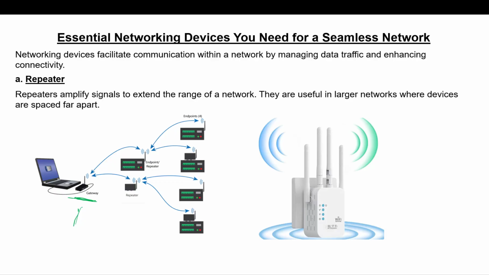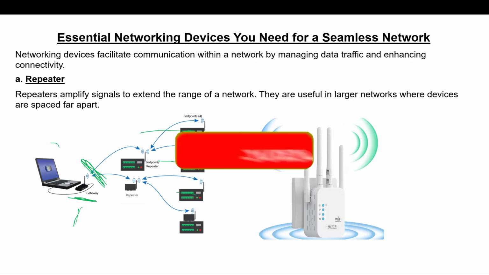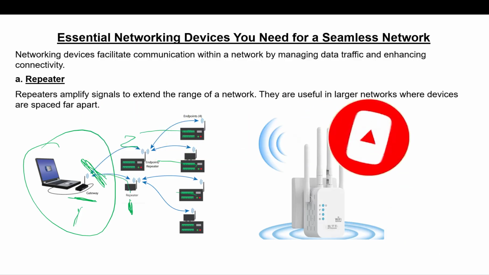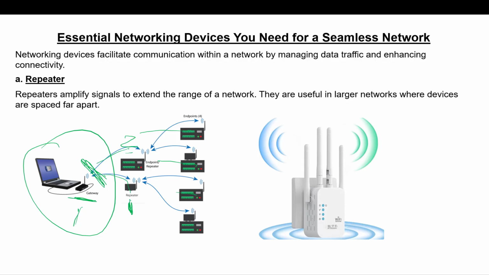The Wi-Fi stops here, and the computer does not get a signal because it is out of range. That's why they install this repeater, one, and put another repeater, two. They take the signal from the gateway, then continue sharing it. That is a repeater or Wi-Fi extender.